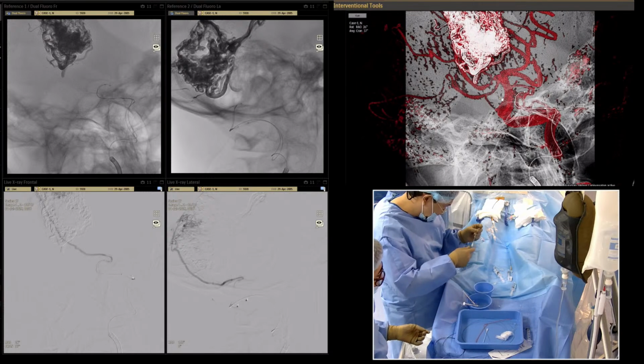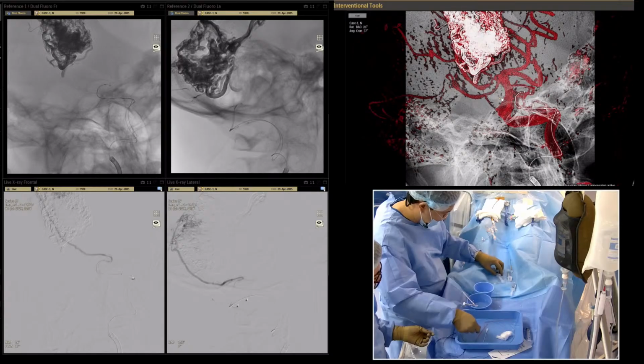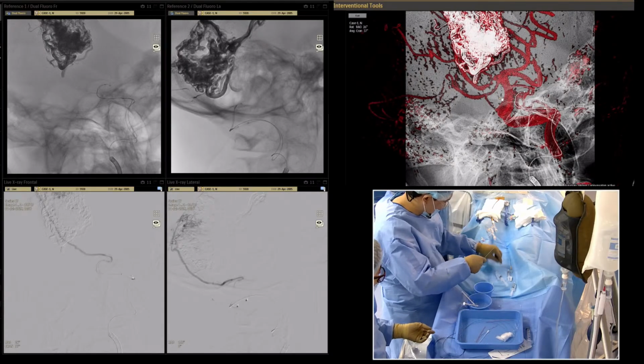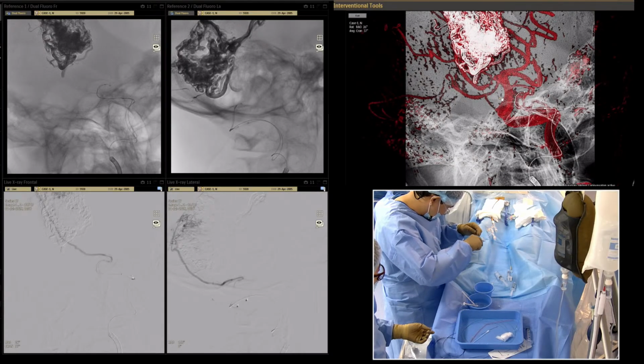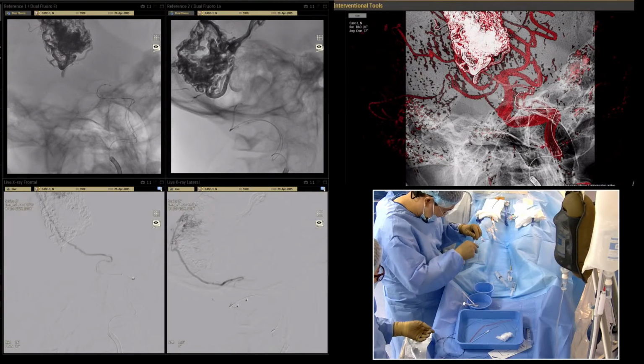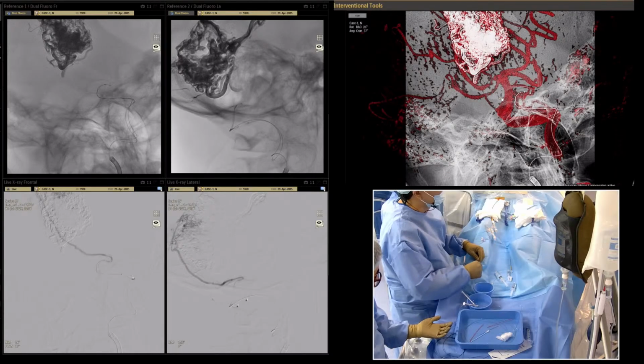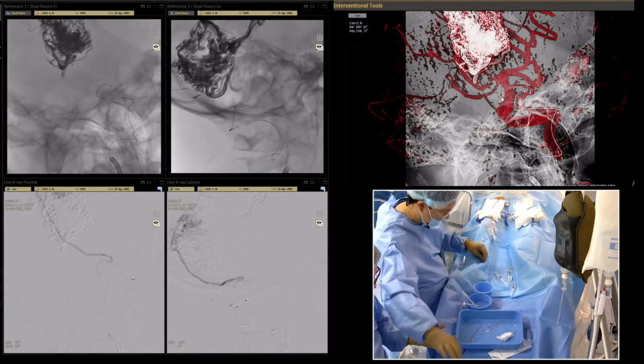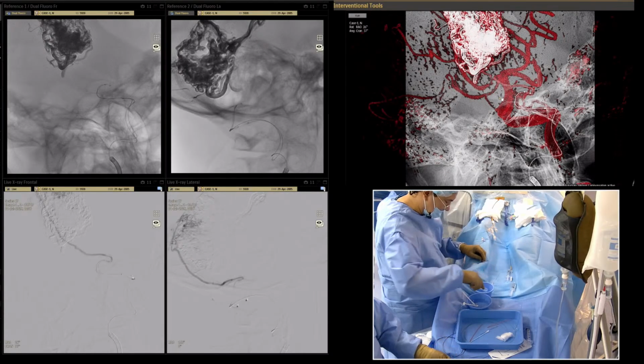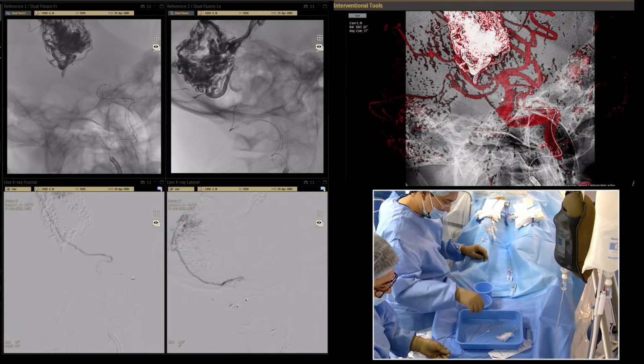We gave a small J curve. Smart mask. Okay.